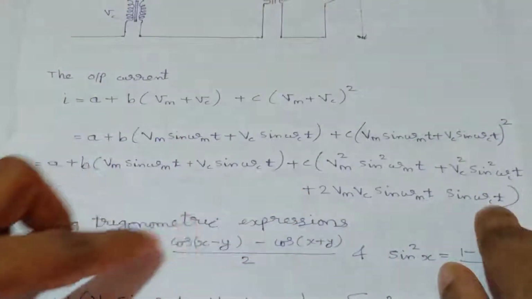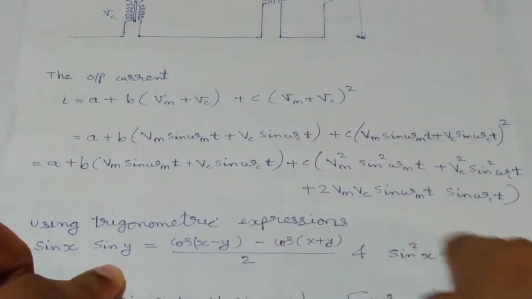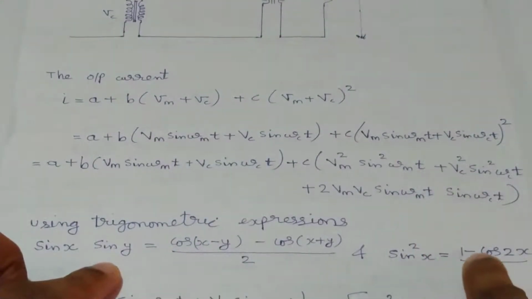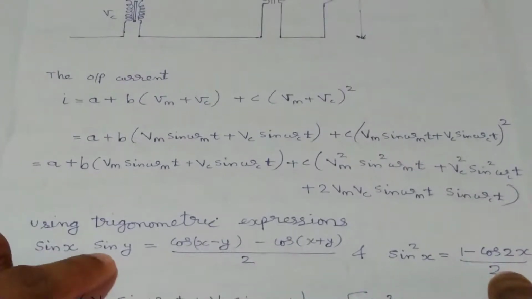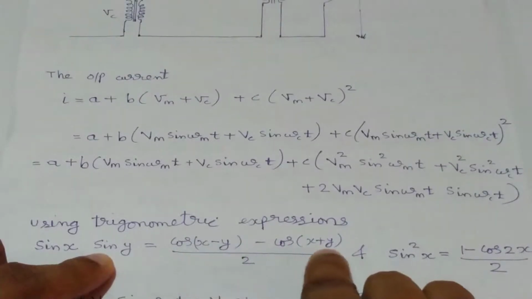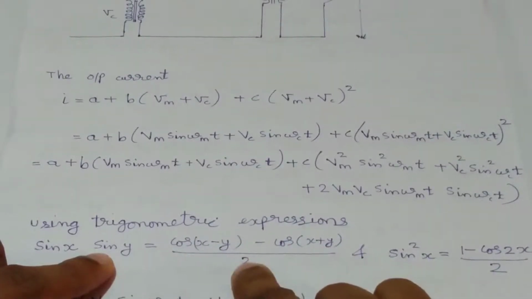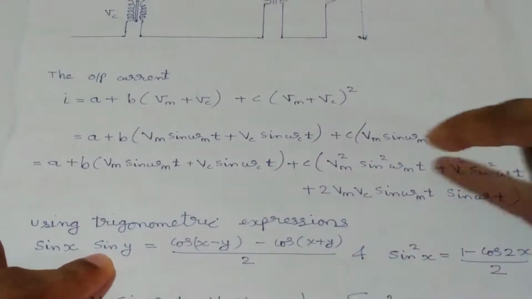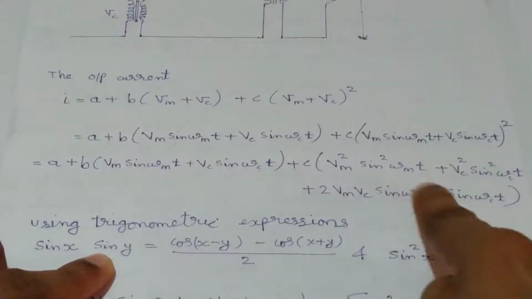So here I am going to apply these two trigonometric relations. We know sin²x = (1 − cos 2x)/2 and sin x sin y = [cos(x − y) − cos(x + y)]/2. So I am going to apply this relation here and this relation here.